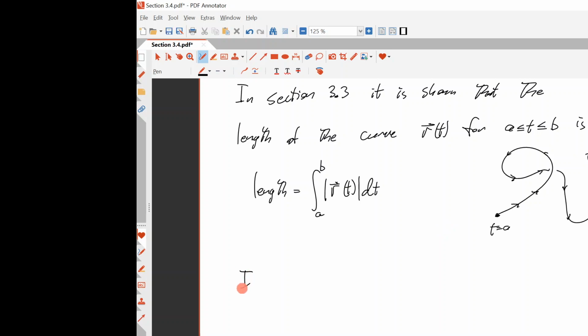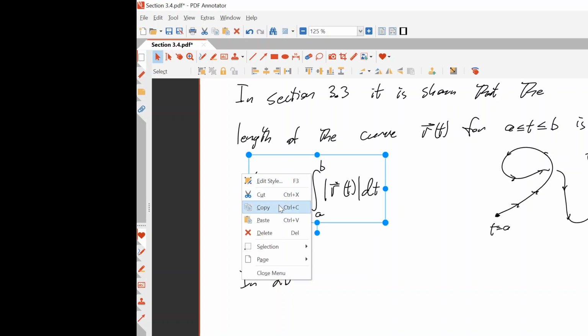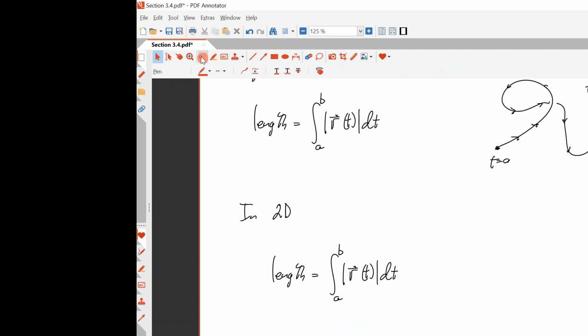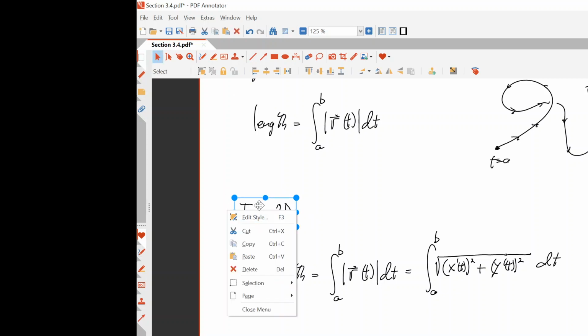So in 2 dimensions, this is equal to the integral from a to b. What's r prime? It's x prime of t squared, because we're doing the length, plus y prime of t squared, dt. So in 2D, it looks like that.